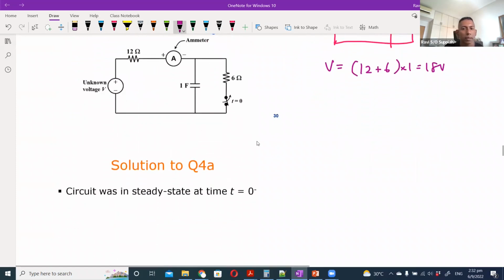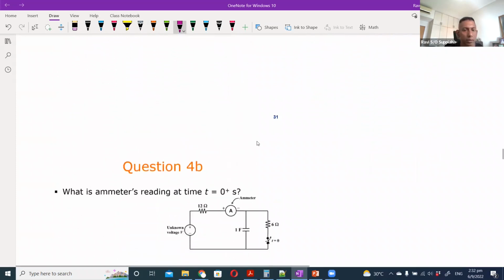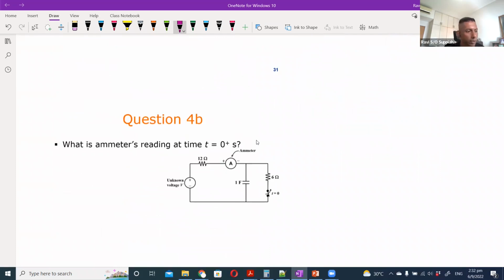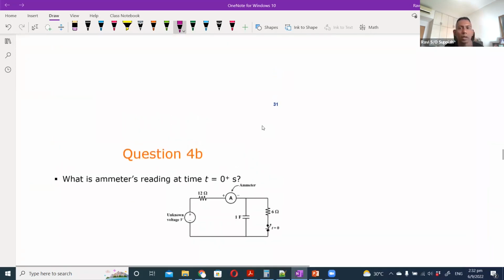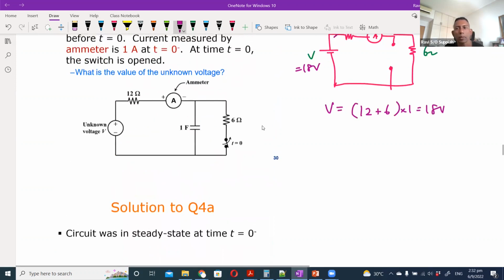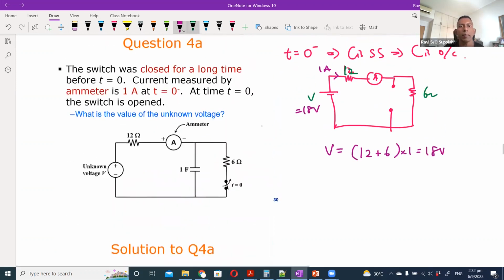Now the next part is, what is the ammeter's reading at time t equals 0 plus? So at time t equals 0 plus, what happens? At time t equals 0, I open the switch.